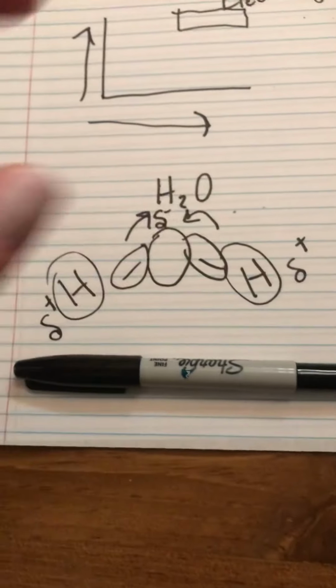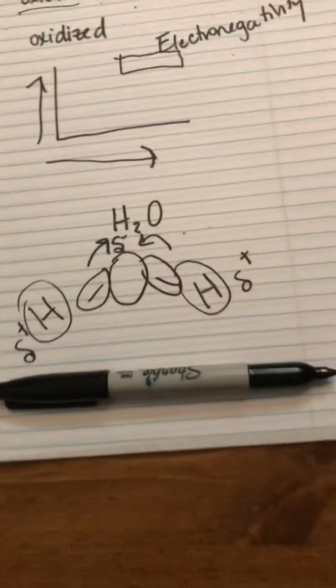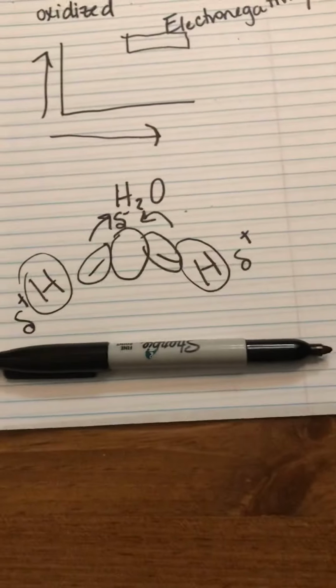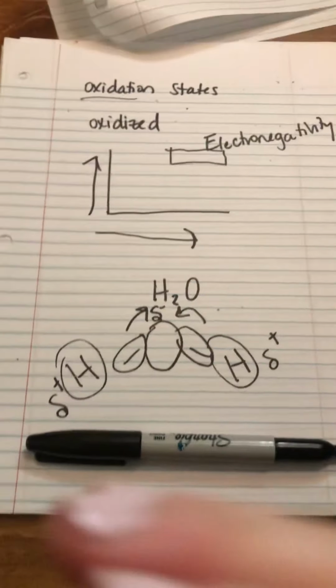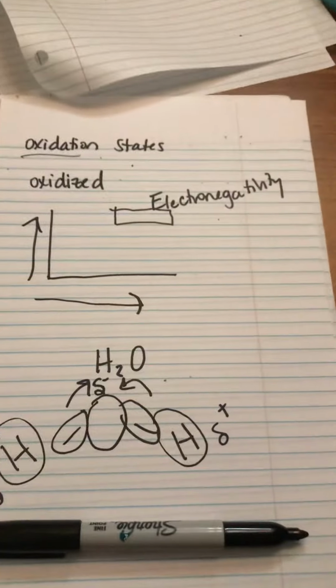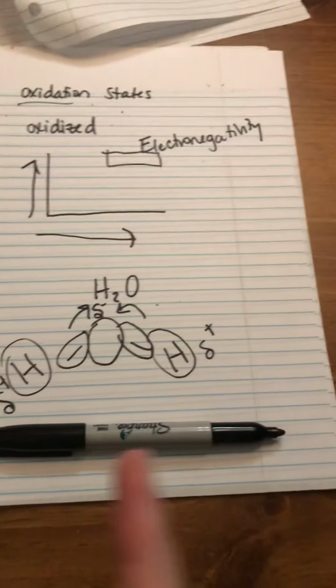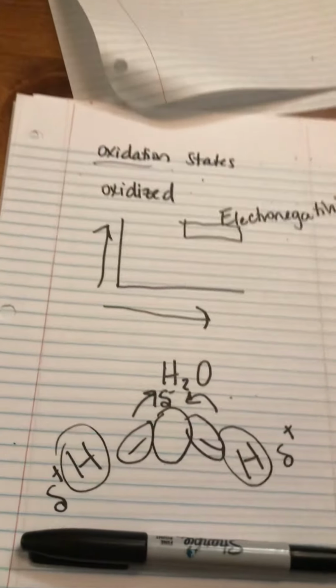Even though oxygen is greedy and is pulling it towards it, it did not take it. Because it did not take it, it's not an ionic bond. But to determine the oxidation state of oxygen or hydrogen, we have to think about it as if it was ionic. So we're looking at covalent bonds in terms of ionic bonds. You have to think in a hypothetical sense.